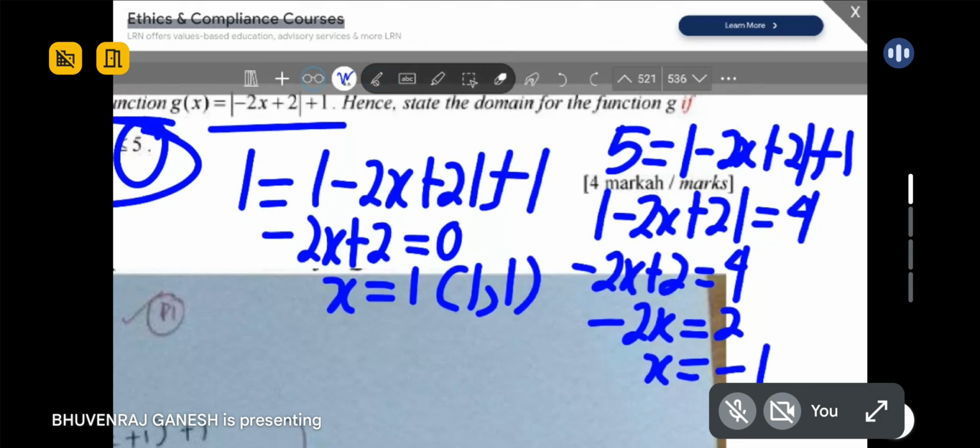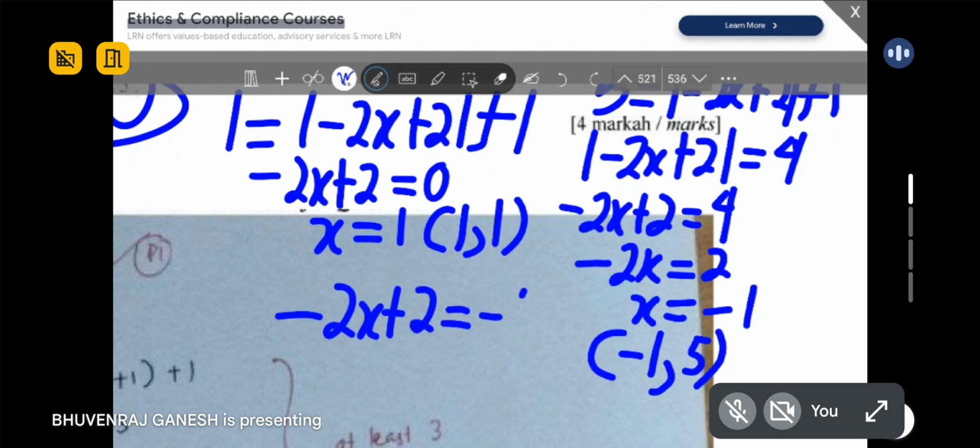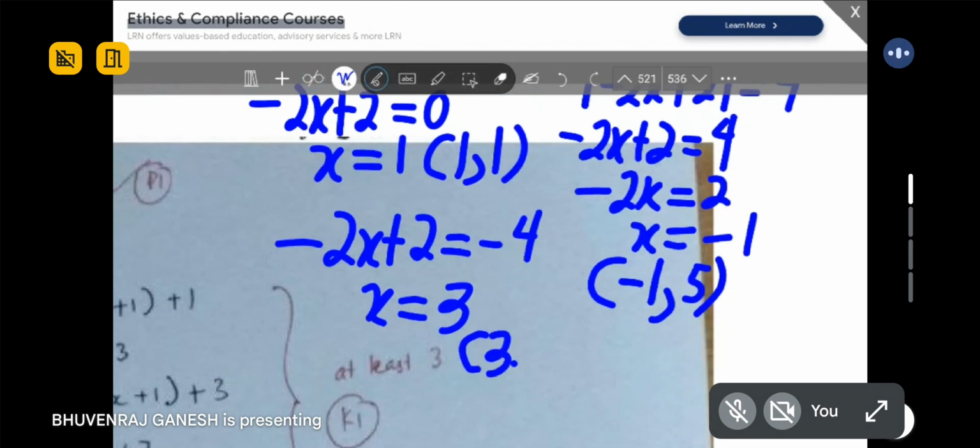Negative 1, 0. Sorry, negative 1, 5. Okay, and then you must also let it equal to negative 4 instead. The second possibility, plus 2 equal to negative 4. So you will get x equal to how much? You will get 3. Am I right? Okay, so you have 3, 5.